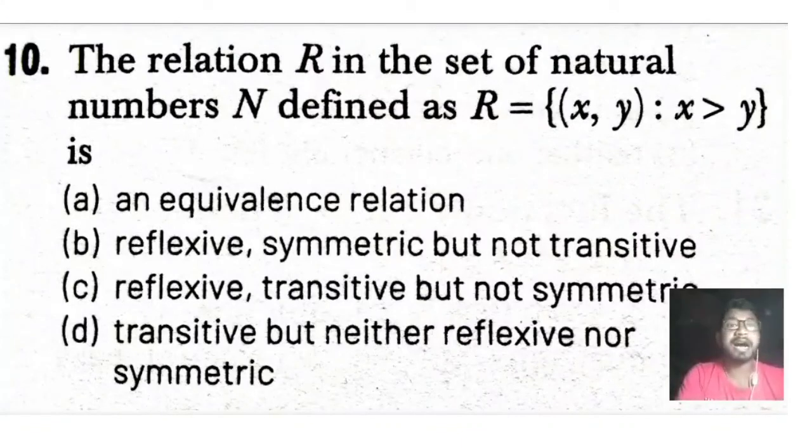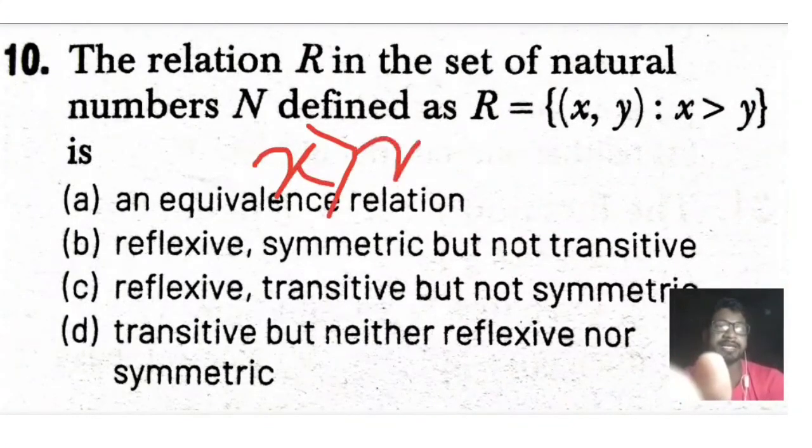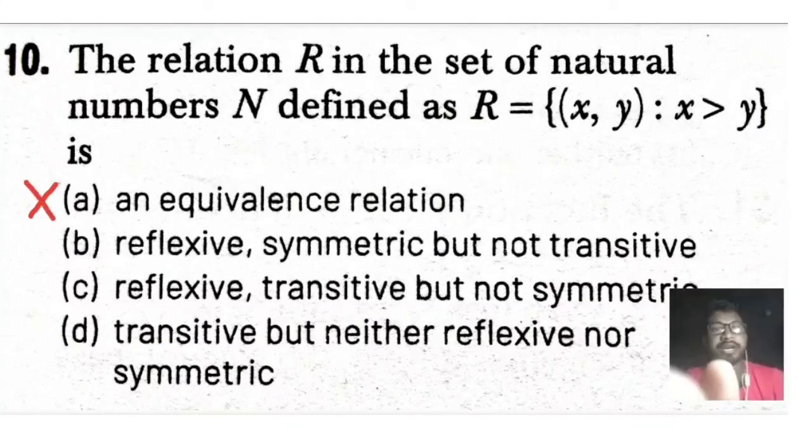The relation R in the set of natural numbers N is defined as R equal to (x, y) where x greater than y is an equivalence. Similarly we have to check at first reflexive, x greater than x. It's not possible, so this relation is not reflexive. So option number A is cut out at first.